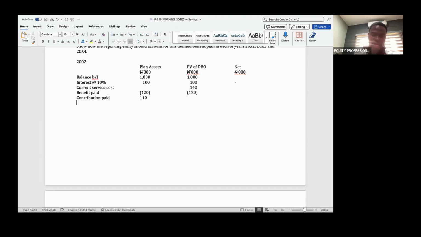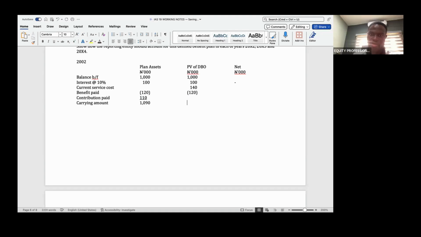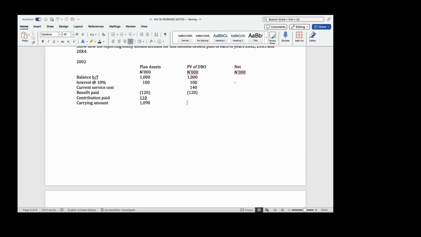Okay. So first, let me get the book value at the end. So can you cumulate this for me? If we cumulate the plan assets, what do we have? 1,090. Okay, how about the DBO? 1,120.